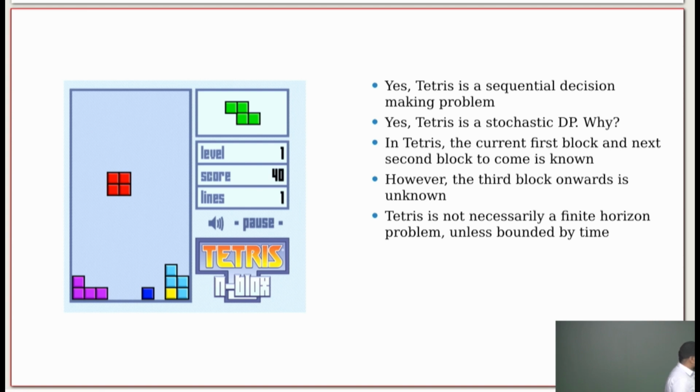Again, is this a finite horizon case? As such, it's not a finite horizon case, because you can keep playing as long as you have space, and the tallest block doesn't touch the roof. As long as it doesn't do that, the game keeps going on. So this is also an example of infinite horizon, but if you want to put some timer, then obviously it becomes finite horizon.